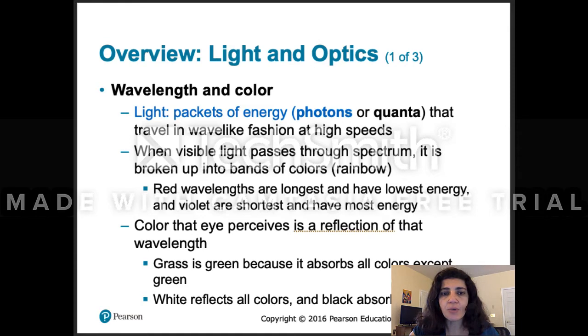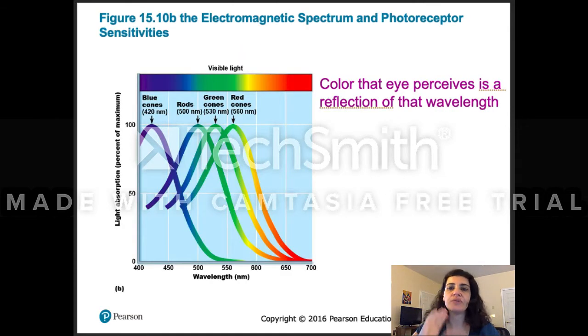One thing that is important here is that when you think about the visible light possibility, you look at this, how do you call this? Spectrum. And there are different wavelengths that can be seen by different photoreceptors.